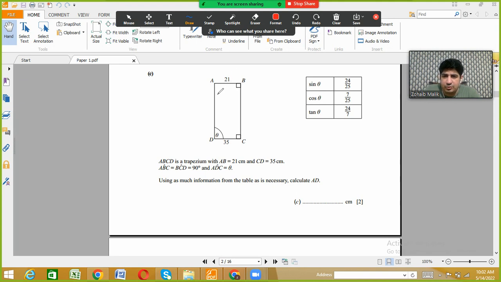It means if I correct this shape, this 21 would be a little bit smaller than this length. Because this is 35, this should be here. So let's correct this shape. It means this would be in this way.